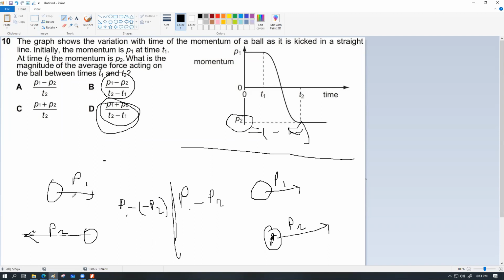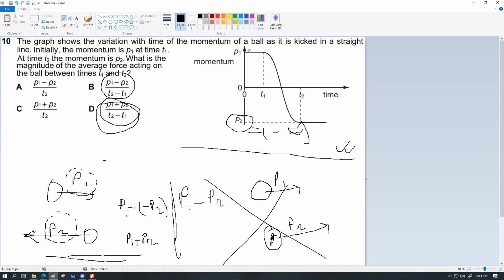Because these two are labeled values of momentum. So if you consider this one as a positive number in your equation, this one definitely should come as what? I need to consider that number as negative. So over here, this should naturally become P1 plus P2. What I'm trying to show you is that this is the actual case for which this graph makes sense, not this one.